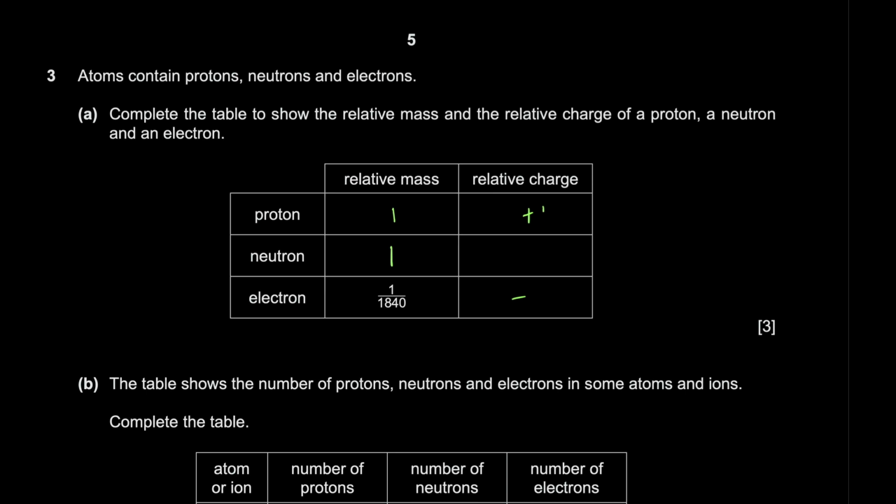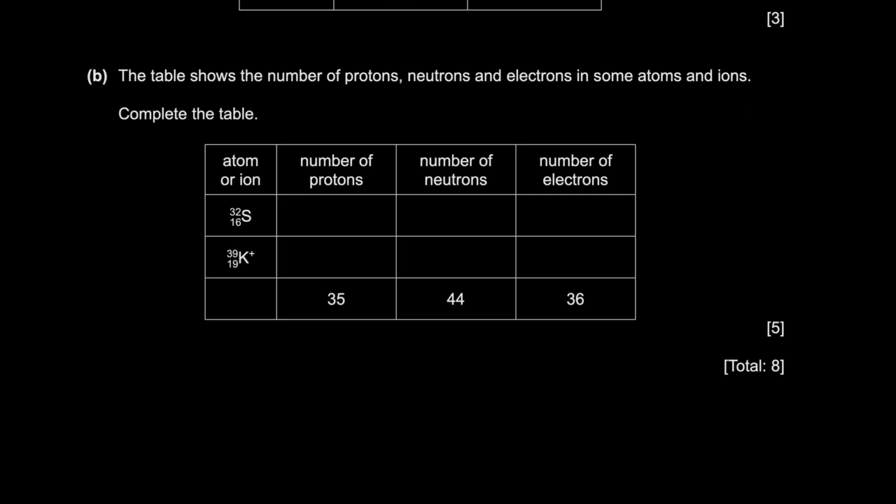Well, it's actually positive 1 and negative 1. And for neutron, they'll just put a dash or not applicable. That's wrong. That's not going to get you any marks. It has to be 0.